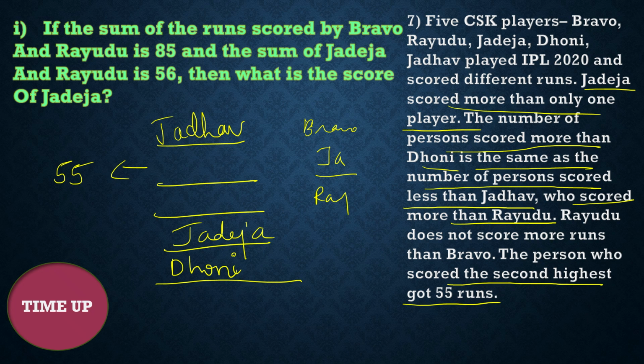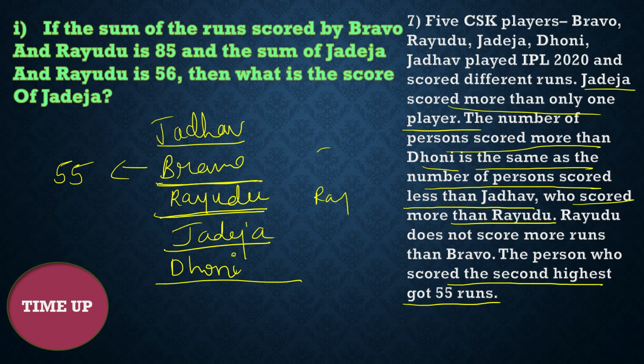Then Raidu does not score more runs than Bravo. So Bravo will be placed here and Raidu will be placed here, because Jadhav has scored more runs than Raidu, but Bravo has scored more than Raidu. Correct? This is the arrangement.